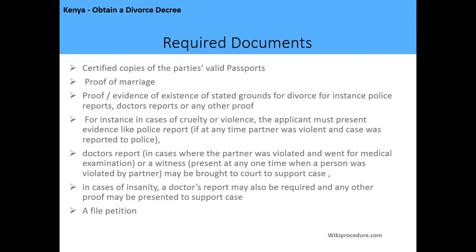You can bring a doctor's report as proof of evidence in cases where the partner was violated and went for medical examinations, or a witness can also come forward and testify that the person was violated by the partner. So the witness can be brought to support the case in court. And in case of insanity, a doctor's report may also be required.